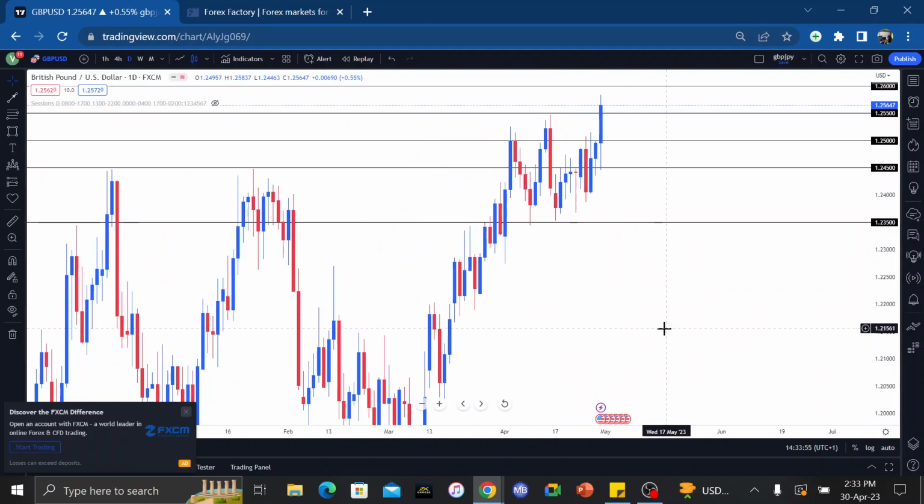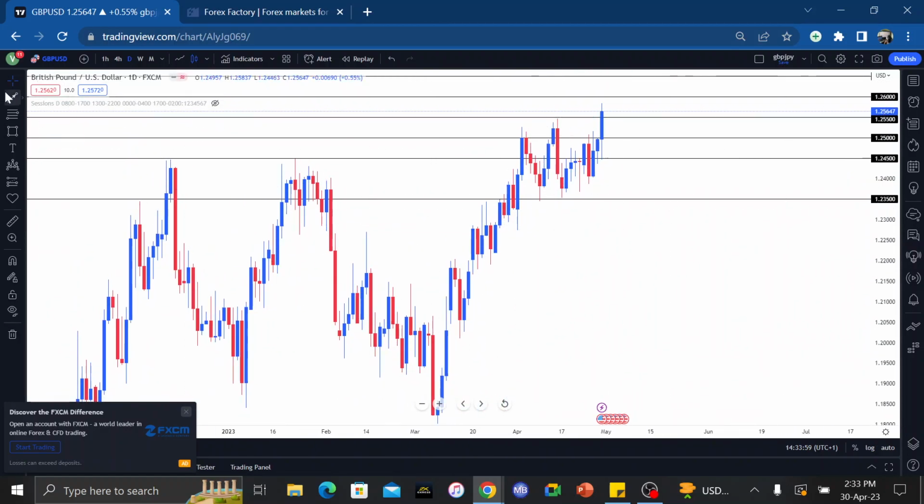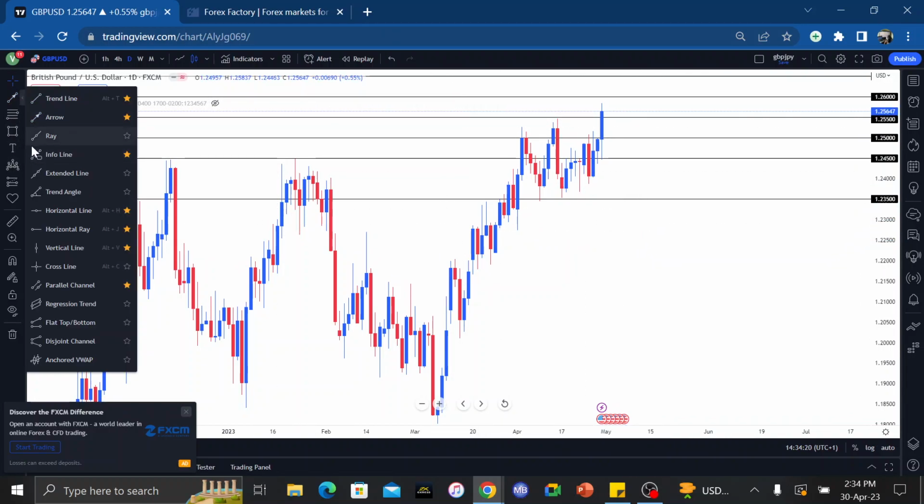I'll be seeing sales on GBPUSD if price should at least break below this 1.23500 psychological level. That's why I have this psychological level here. Once price starts trading below this level, maybe a weekly candle close below it, and price starts trading under it, that's where I'll start seeing some sales to the downside on GBPUSD.